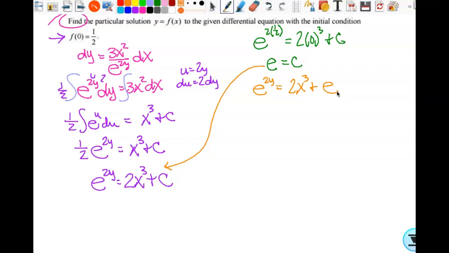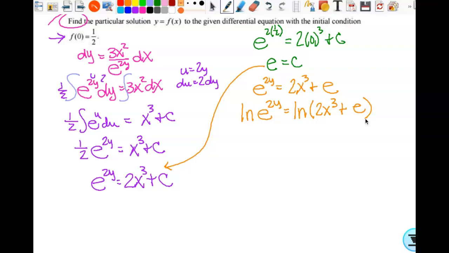Natural log. Logs undo exponentials, right? So at this point, let's rewrite this step: I'm going to take the natural log of e to the 2y, and that's equal to the natural log of 2x cubed plus e. You with me on that?